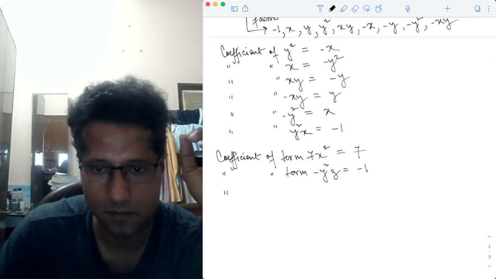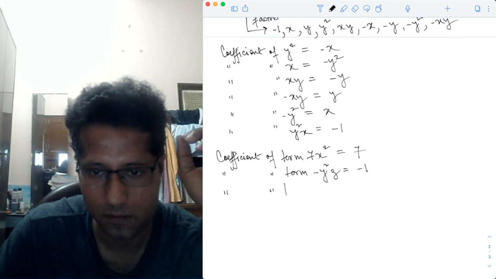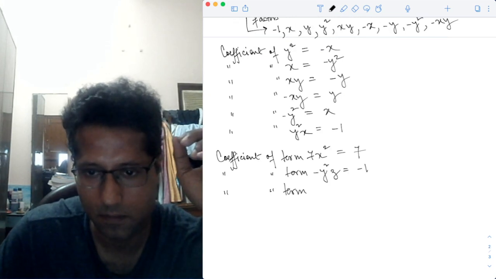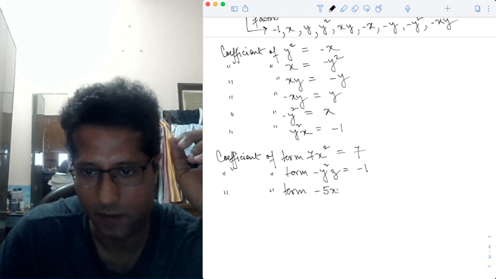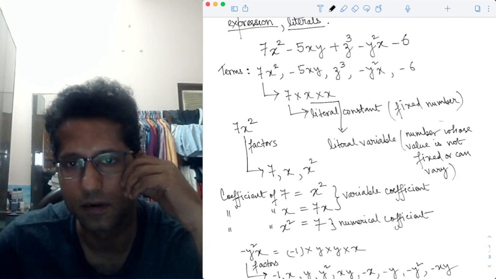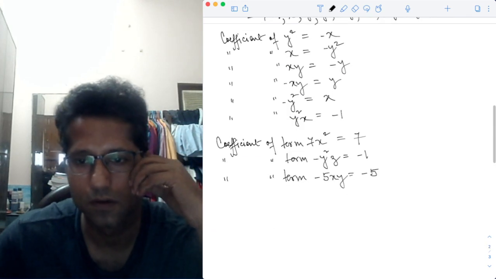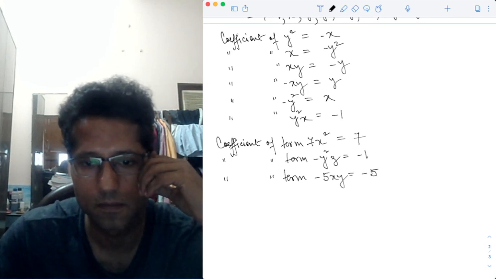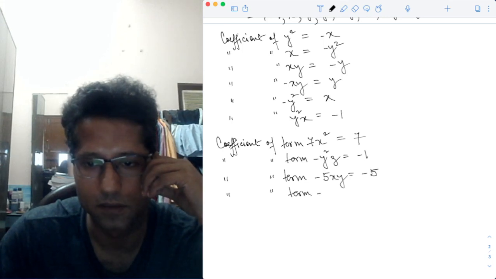Coefficient of term minus 5xy is minus 5, and let's say coefficient of term minus 5 is obviously minus 5.